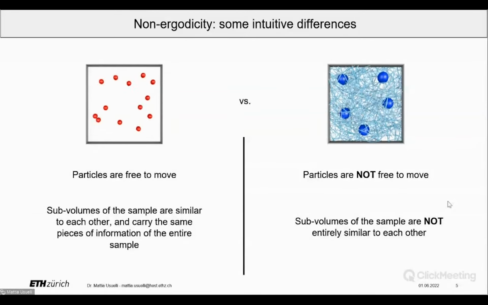But if we look at the right, it is true that the surrounding network is similar and has similar dynamics. But if I take a part of the sample, maybe in that specific part the particles are embedded in a specific way. If I take another area of the sample, the particles are embedded in a slightly different way. So actually the subvolumes of the sample are not entirely self-similar to each other. They have some differences, especially in how the particles are placed compared to each other.